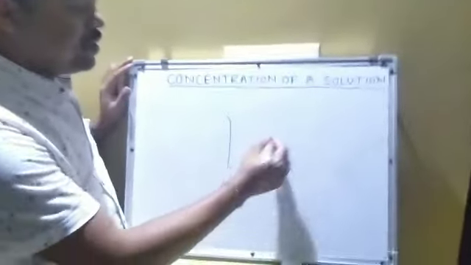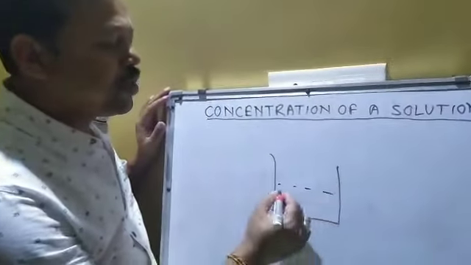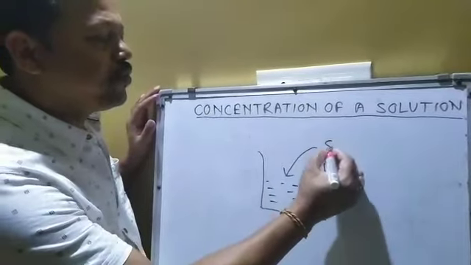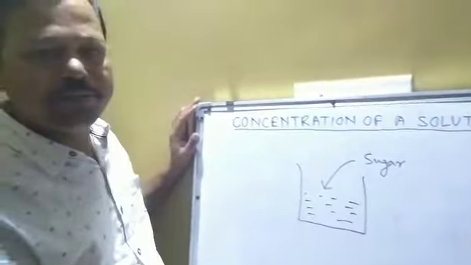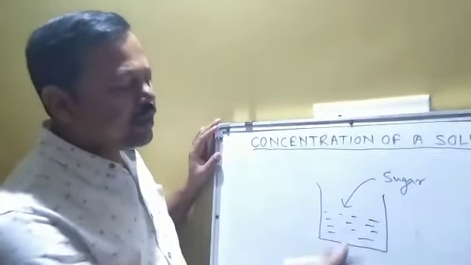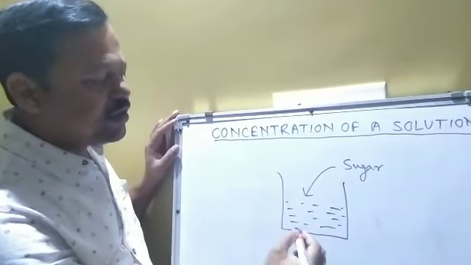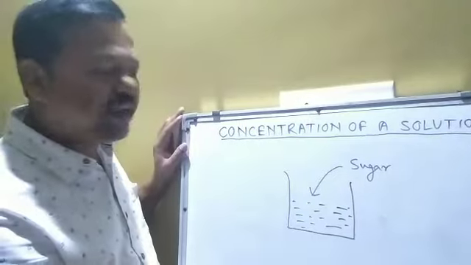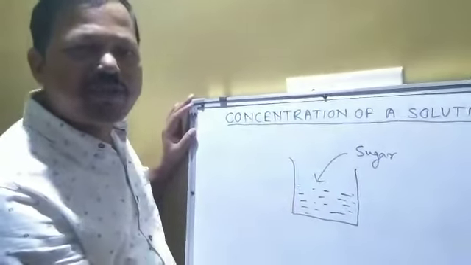Suppose this is a beaker, and in this beaker some amount of water is present, and you add some amount of sugar, then it becomes a sugar solution. Now as the amount of sugar increases in this solution, the sweetness of the solution keeps increasing, and that sweetness is said to be the concentration of the solution.